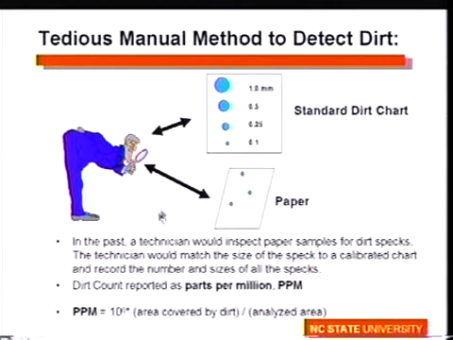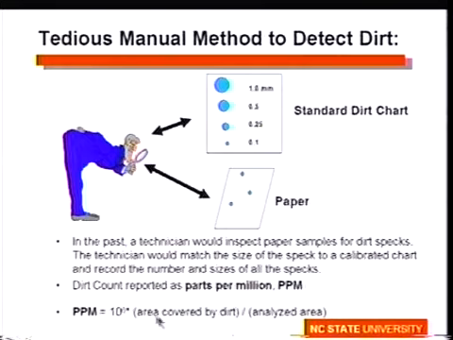So what they'll do is they'll report a dirt count, and it's based on parts per million, ppm. The parts per million is like a percent, but instead of percent where we multiply by 100, we're going to multiply by 10 to the 6th power. That's 1 million. So it's 1 million times the area covered by dirt divided by the area that we analyze.